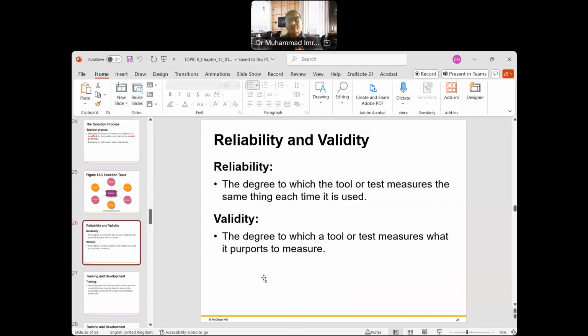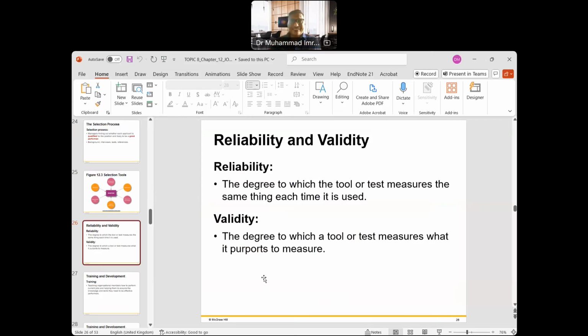We know blood pressure machines measure blood pressure, and a glucometer measures the sugar level. So we can say a glucometer is valid for sugar level. Is the glucometer valid for blood pressure?